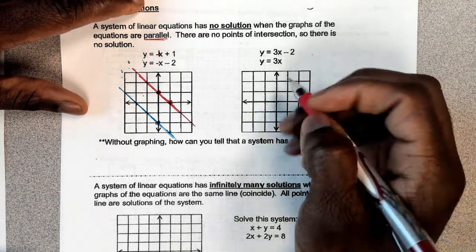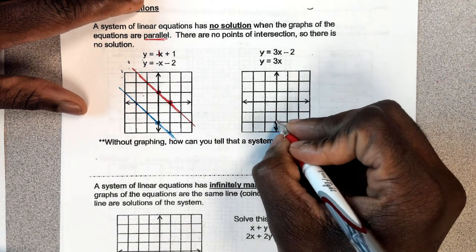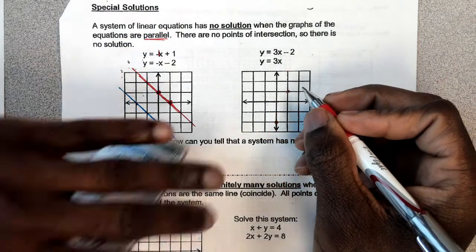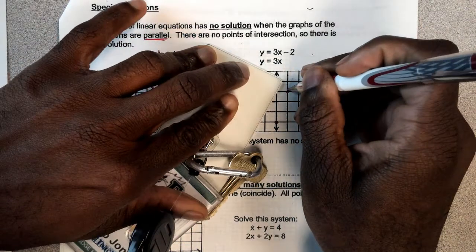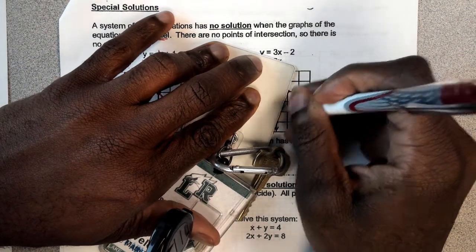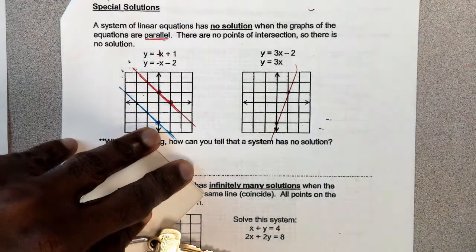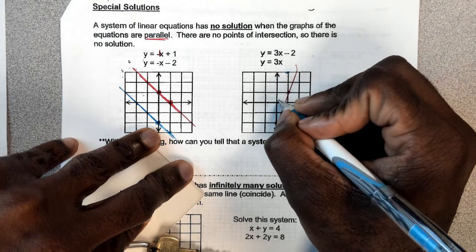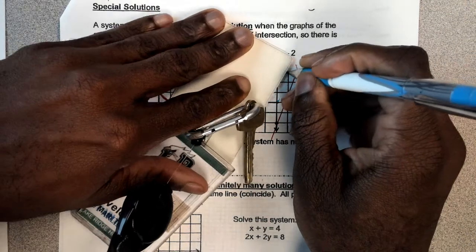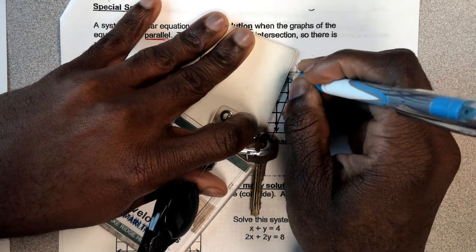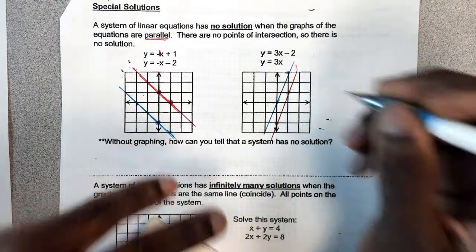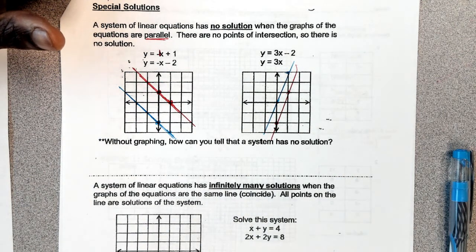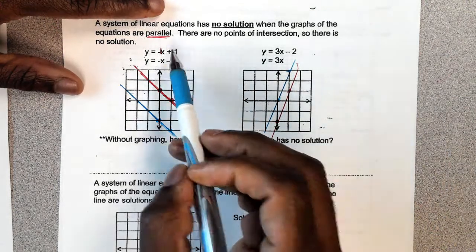Same for the second. Start at negative 2. Go up 3 over 1. Start at 0. Never cross.